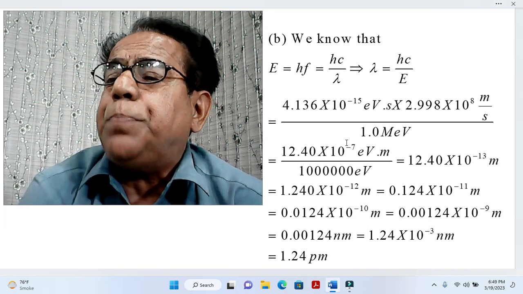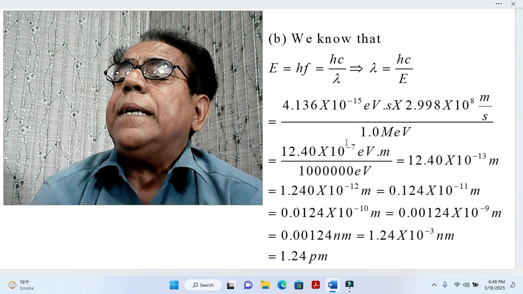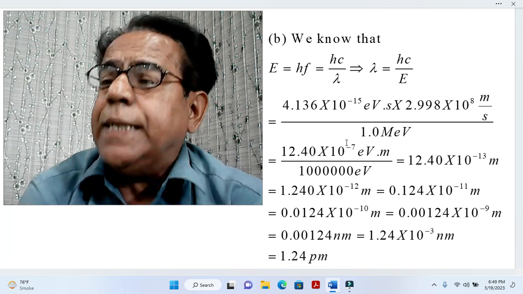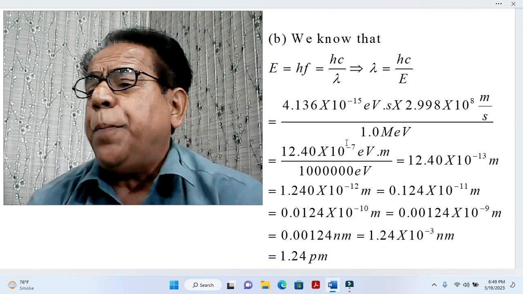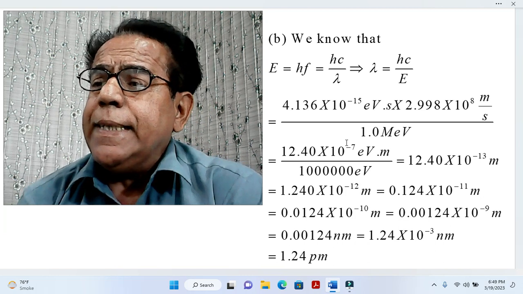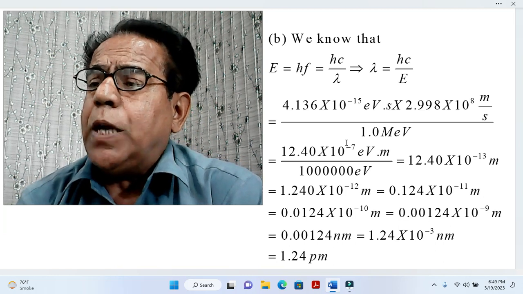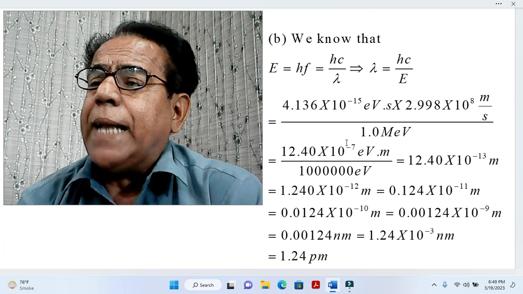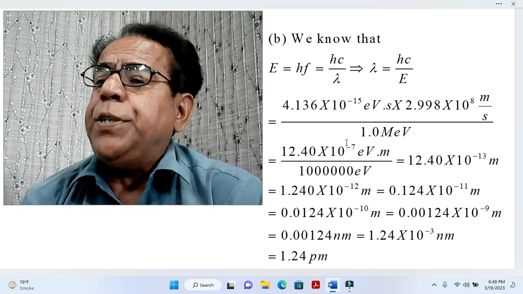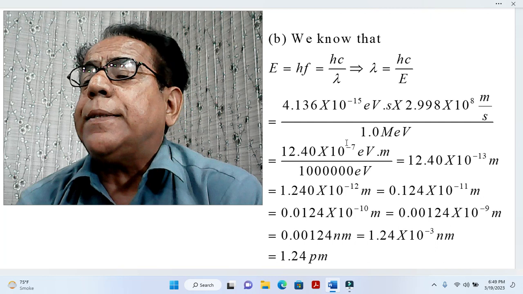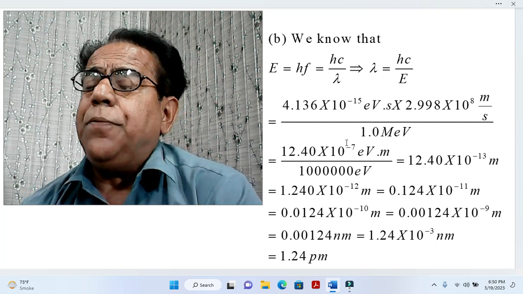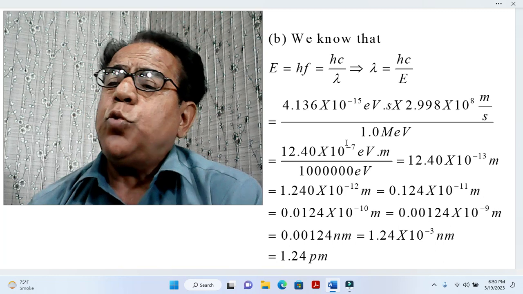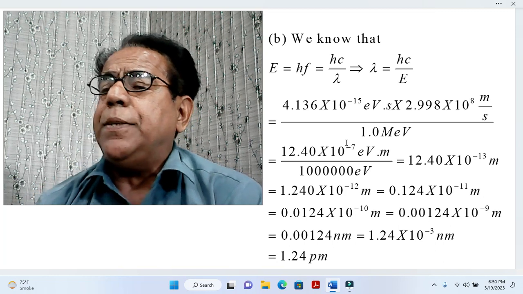10 raised to the power minus 12, or 10 raised to the power minus 15, or 10 raised to the power minus 9. So in place of 12.40 we write it as 1.240 into 10 raised to the power minus 12 meter, because we have shifted the decimal one step behind, so the negative power has been reduced by 1.